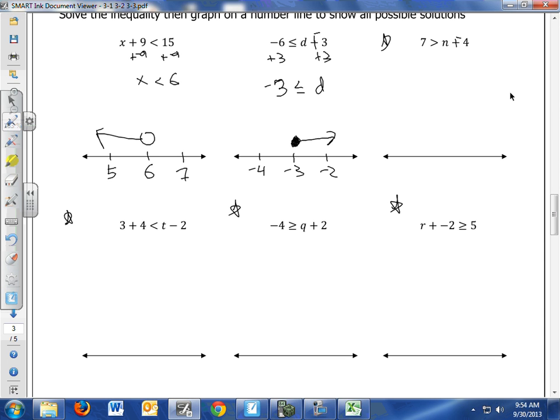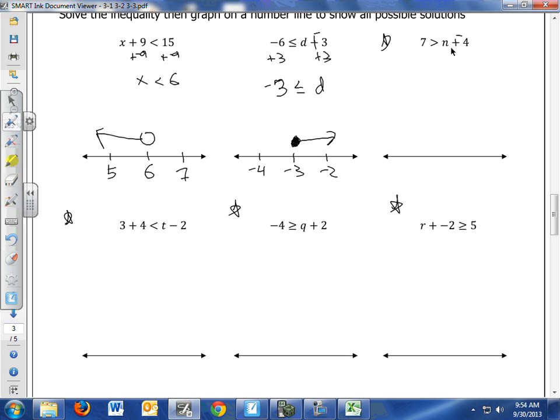What do we do to the first one on this page? What'd you do to solve for n here? Yeah, good. Okay. Remember, just to remind those, and for those of you not here the first week of school, when we see subtraction, it's the same as add the opposite.